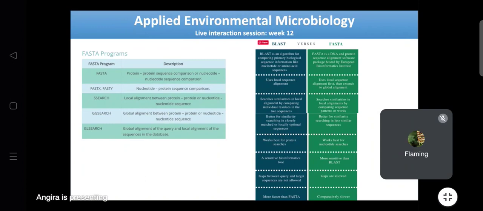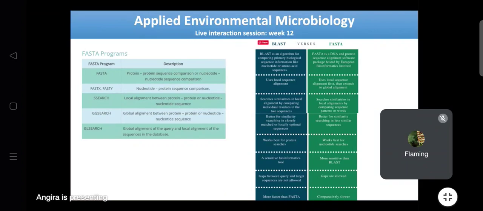Now in BLAST, it searches similarities in local alignment by comparing individual residues in the two sequences, whereas FASTA also searches for similarities in local alignments by comparing sequences or patterns or words. So this is how the two operate.